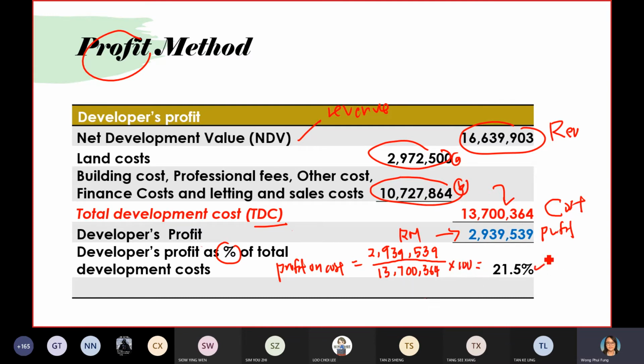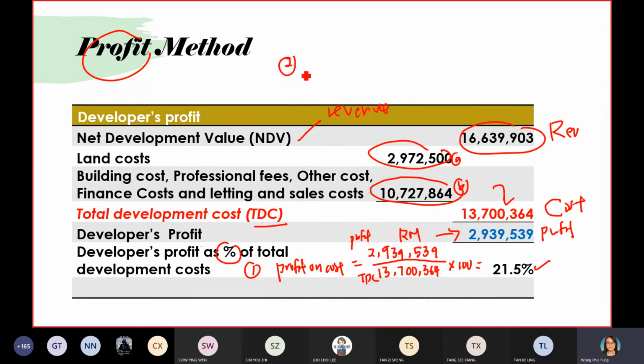Then you get this one. This is what we call profit on cost. So how to calculate profit on cost? You use the profit divided by the TDC. This is the way we express profit on cost. This is method number 1.